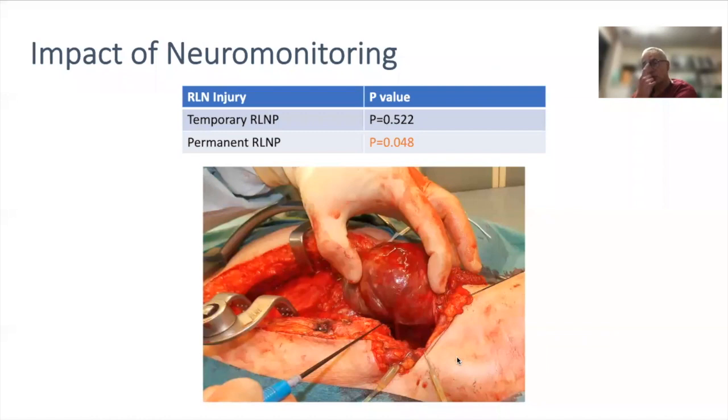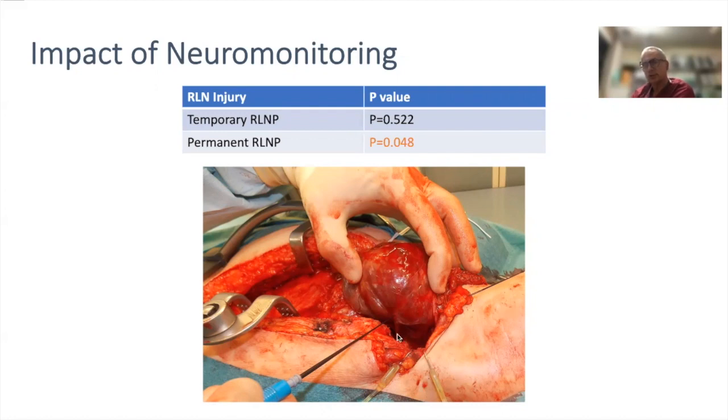But if you do use a nerve monitor, you're not going to be able to do anything about the temporary palsy, but you will definitely lower the risk of permanent palsy.